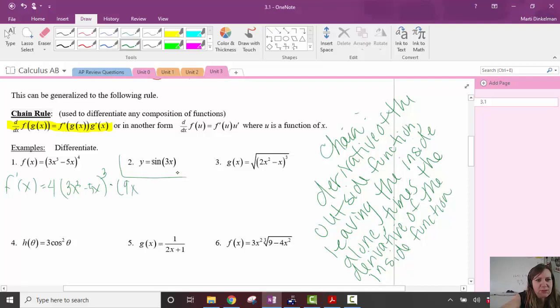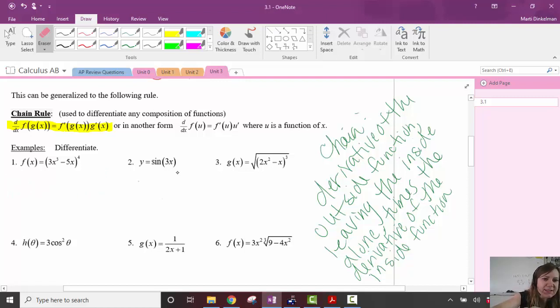So that would be 9x squared minus 5. We know that there's probably a little simplifying that we could do in there, like multiplying the 4 times the 9x squared minus 5. But for today, if that's how far you get, I'm pretty happy with that. To me, simplifying is if we need to take some extra steps.